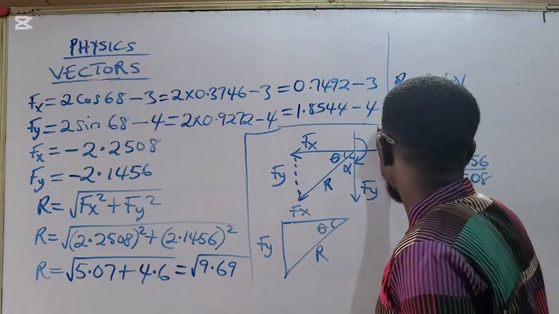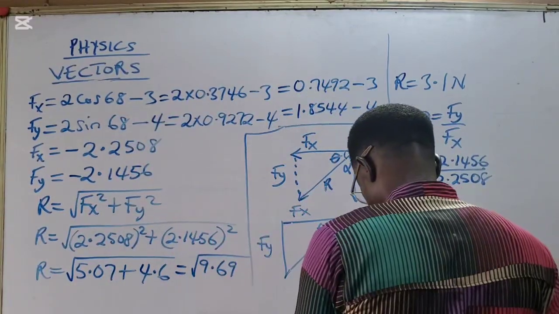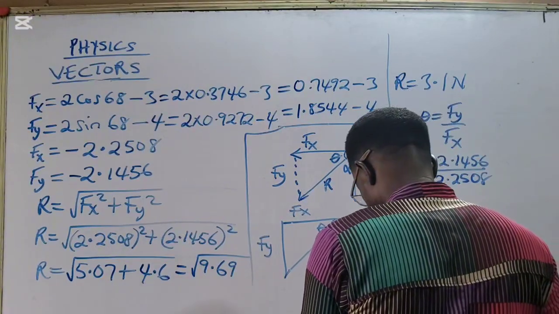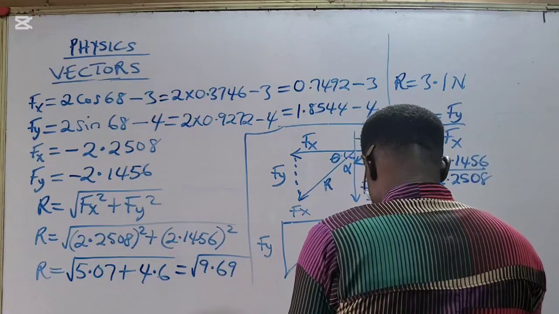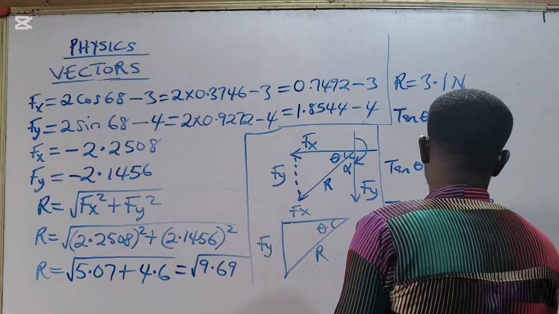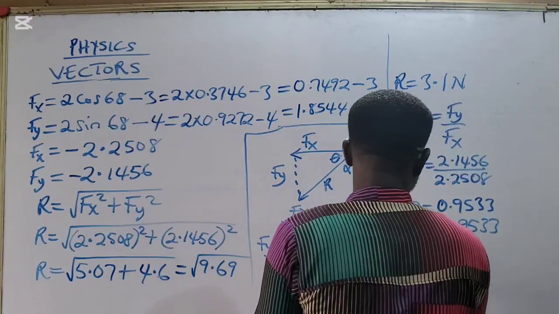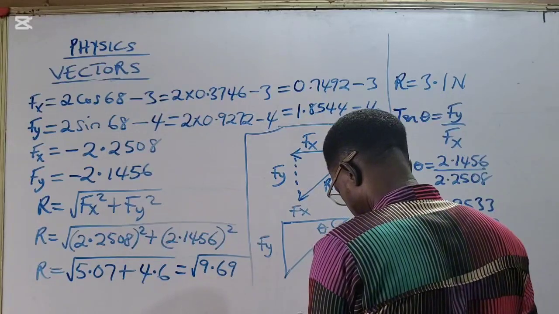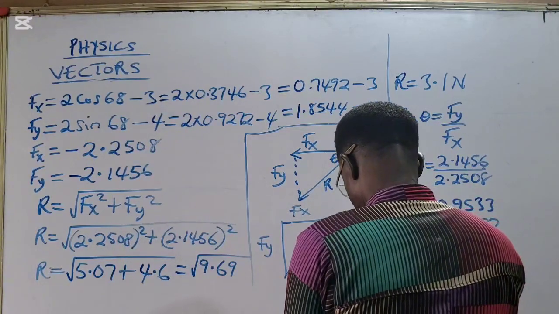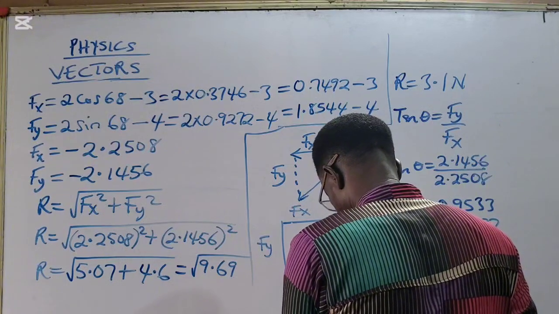So tan theta is 2.1456 divided by 2.2508, which is 0.9533. So theta is tan inverse of 0.9533, that is 43.6 degrees.